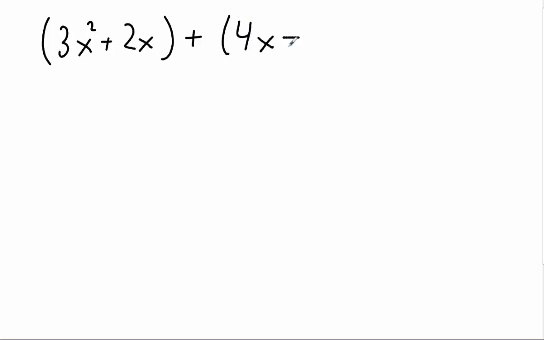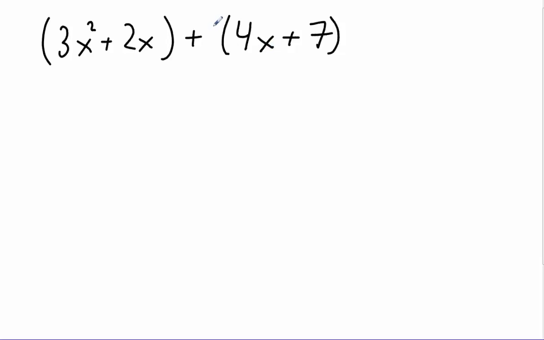All right, so on the next problem, we will take a group of polynomials and let's add them. So we have 3x squared plus 2x plus 4x plus 7. Okay, so if you notice, we have a quantity here and we're adding it to this quantity here.